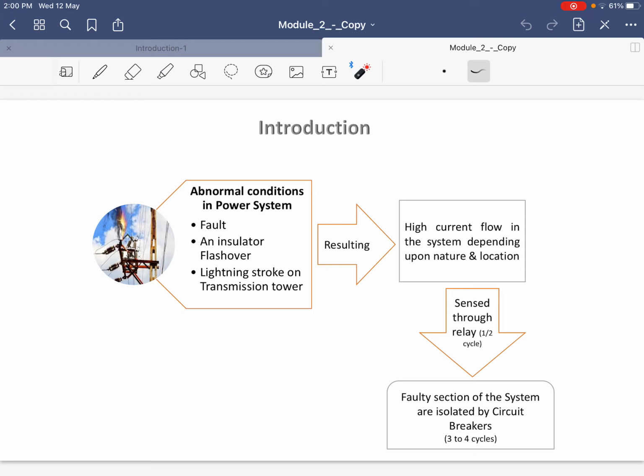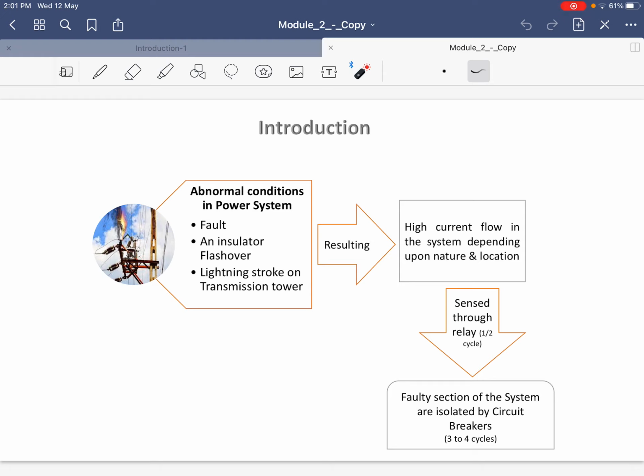There are some abnormalities occurring in the power system, such as a fault. An insulator flashover takes place because of an abnormality in the power system. Also, a natural calamity such as a lightning stroke on the transmission line also disturbs the power system. These are some of the abnormal conditions in the power system.